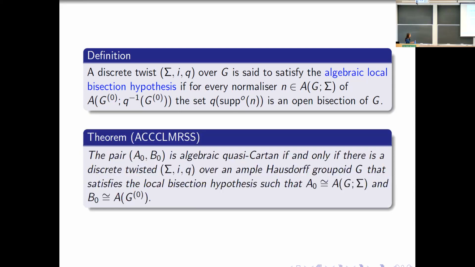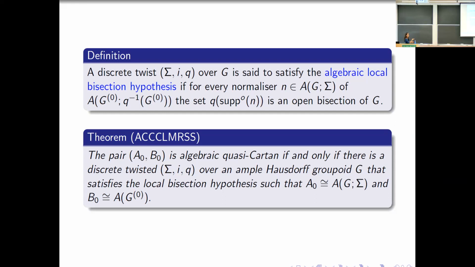What we show is that if I start with an algebraic quasi-Cartan pair, a pair a bit weaker than the original Cartan pair, we can construct a discrete twist over an ample Hausdorff groupoid G, and moreover this discrete twist satisfies our hypothesis, such that the pair I start with can indeed be realized by the twisted Steinberg algebra and the Steinberg algebra itself.